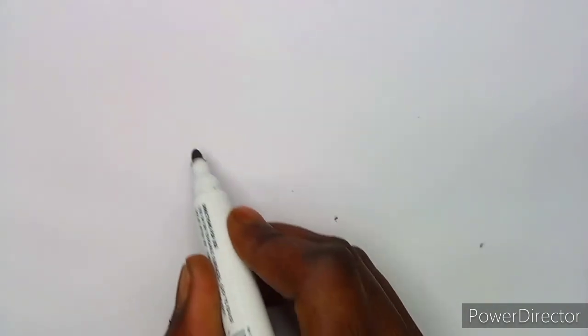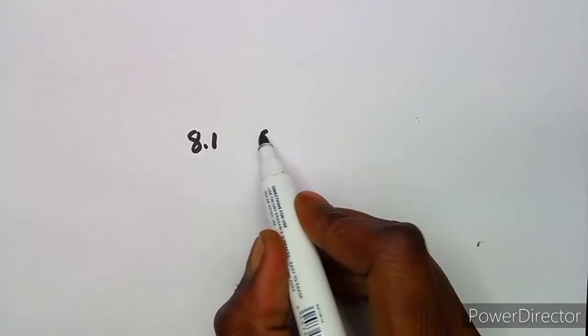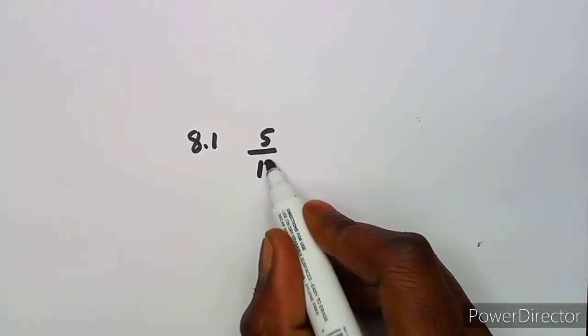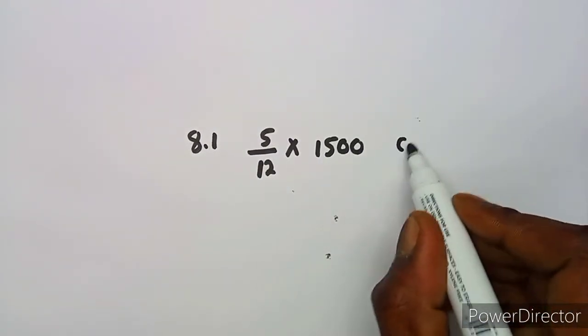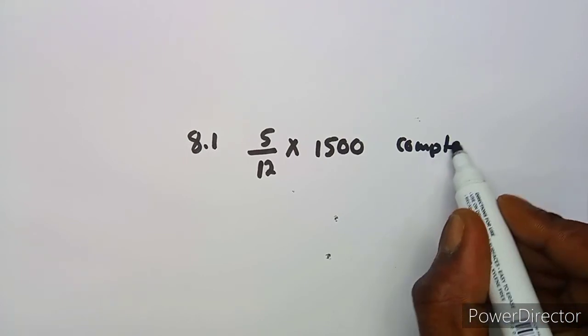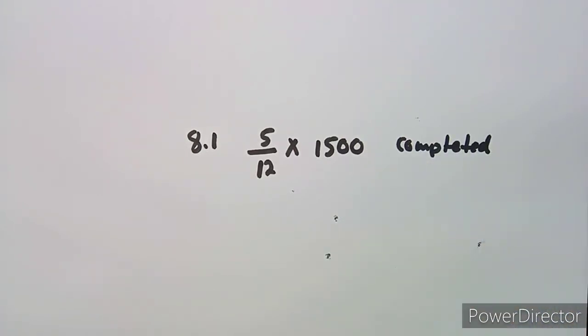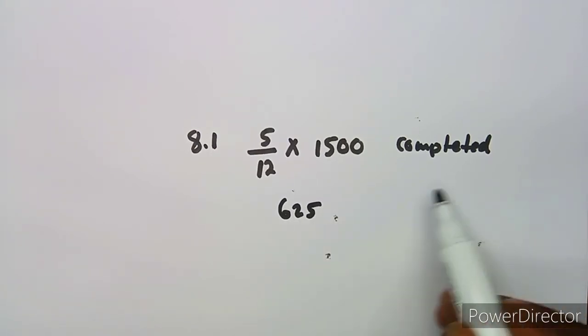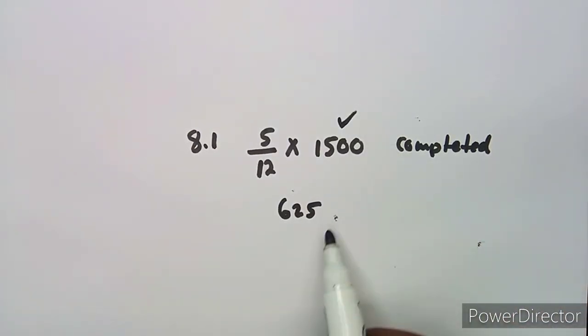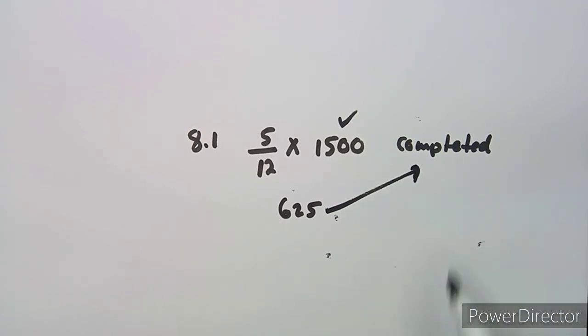So how much has he completed? You simply multiply 5 over 12 by 1500 to know the ones that are completed. So this is going to give you 625. So actually, out of 1500, 625 are the ones which are completed.